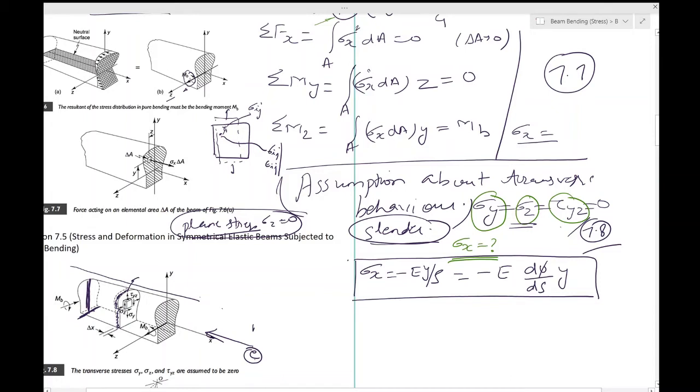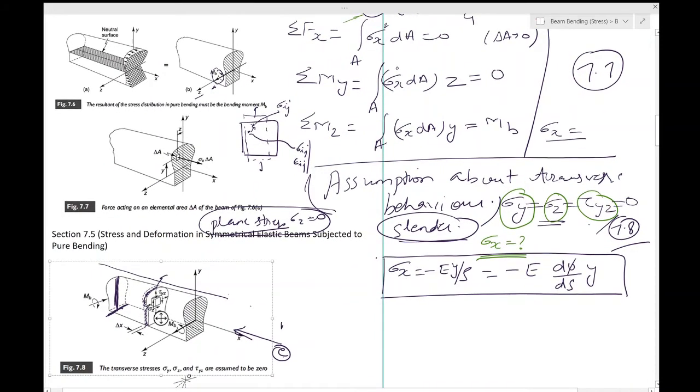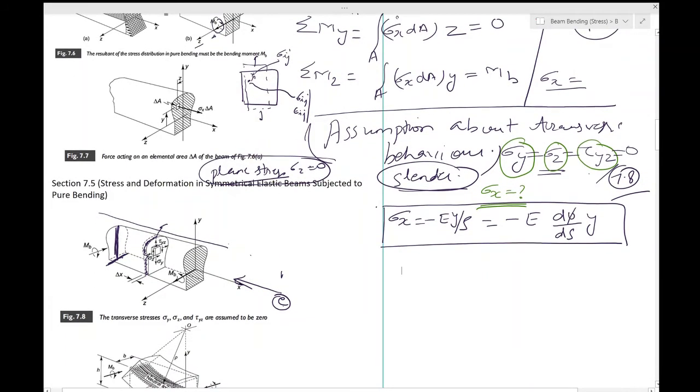So that's a good achievement. Obviously it took us an assumption, and believe me, this assumption works. There are many experiments you can do to confirm that this is a reasonable assumption to take in case of a slender member in which one of the dimensions is too small. Now we don't make this mistake along the thickness length.